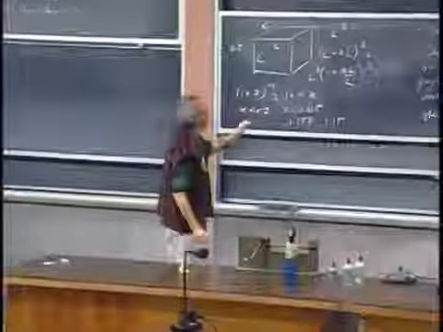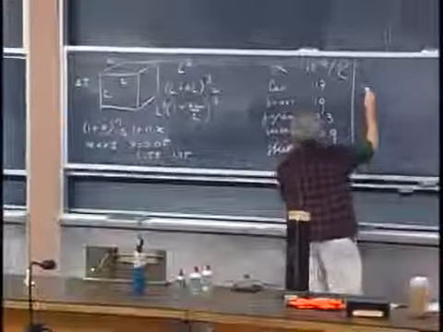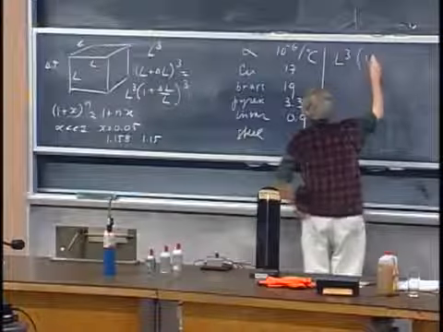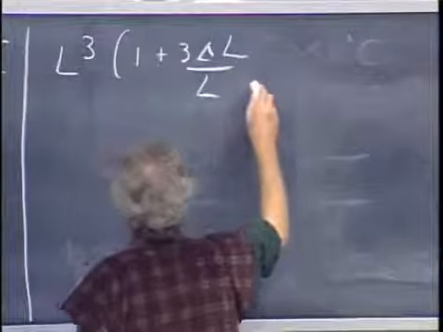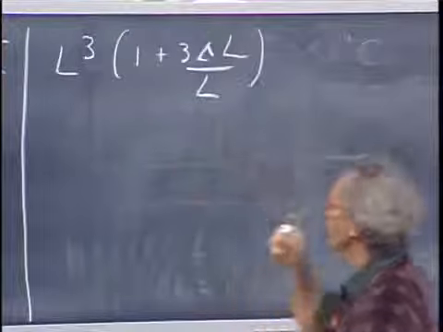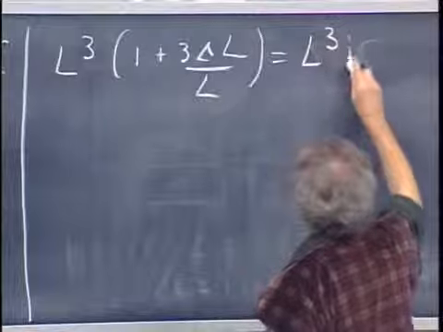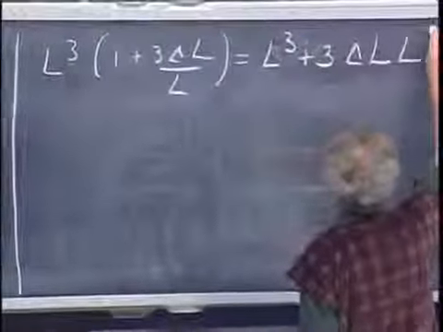So I will use the same approximation here. And so we're going to get L to the third times 1 plus 3 delta L divided by L. So that is L to the third plus 3 delta L, L squared.